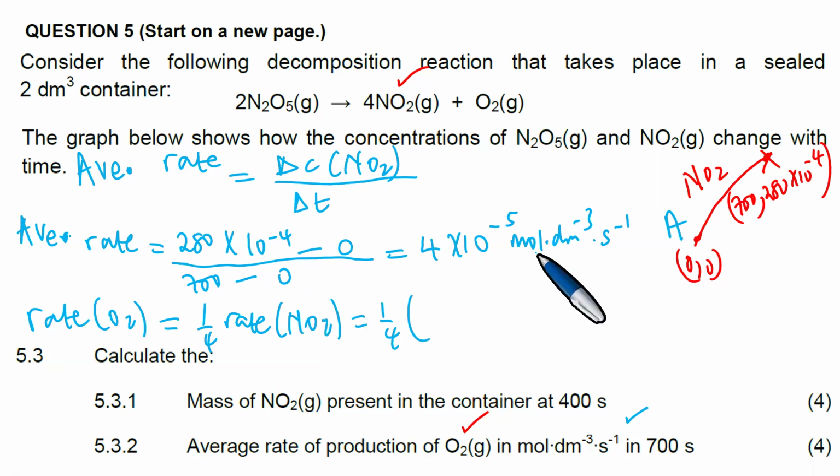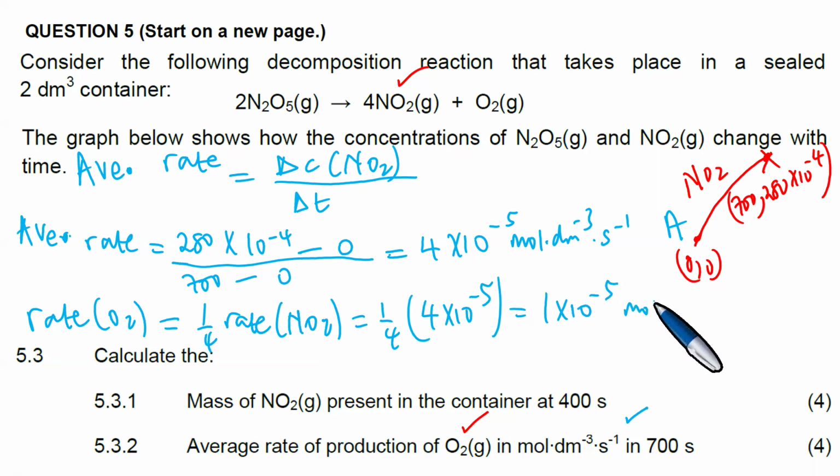Right, the average rate of NO2 is 4 times 10 to the -5 moles per cubic decimeter per second. And this is 1/4 times 4, giving us 1 times 10 to the -5 moles per cubic decimeter per second.